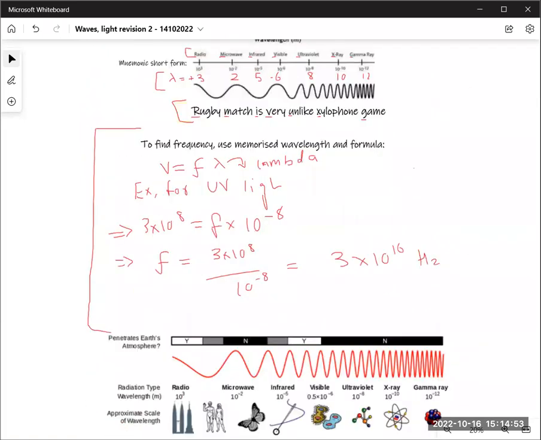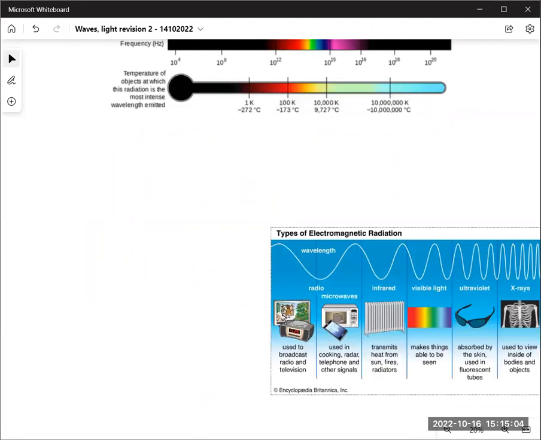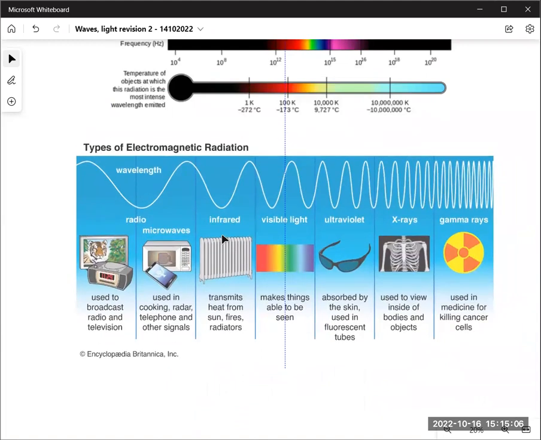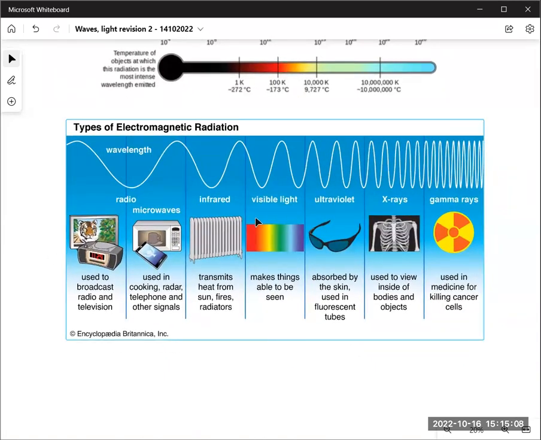Before you look at that, I want you to do one more small thing. Take a screenshot of this as well. Now this diagram right here is going to tell you what the uses are. These are all the uses of each of these.